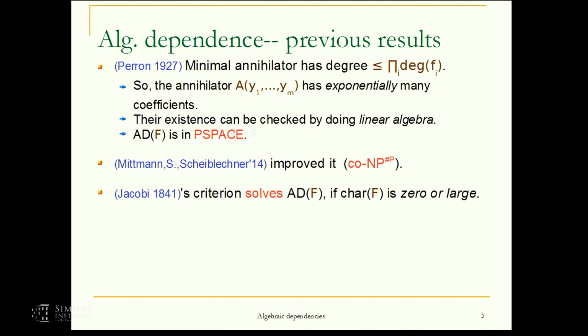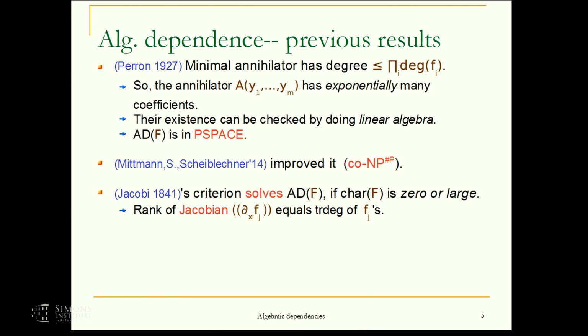When you look at special fields, when the characteristic is 0 or sufficiently large, where large just means larger than this Perron bound, then there is a very nice classical criterion called Jacobi's criterion. You look at the Jacobian matrix, which is just the first order partial derivatives of your polynomials.